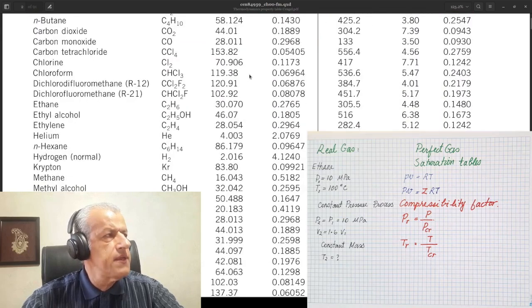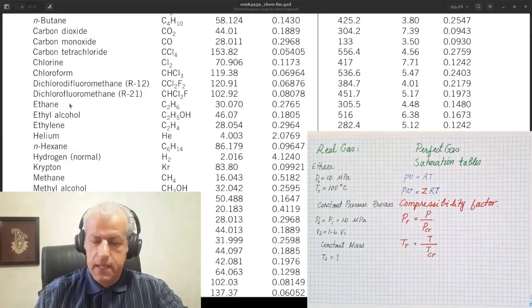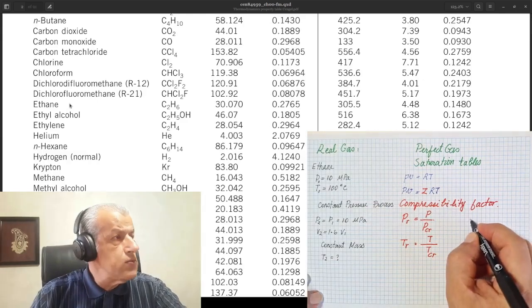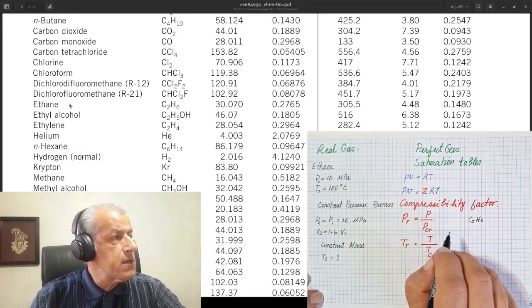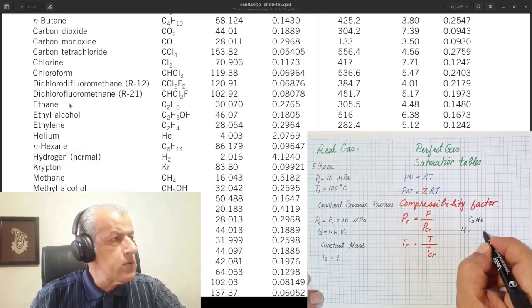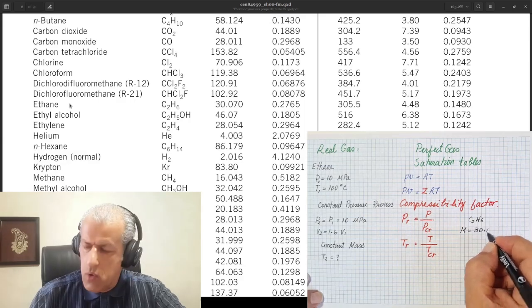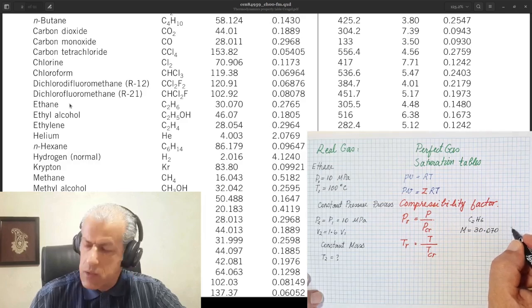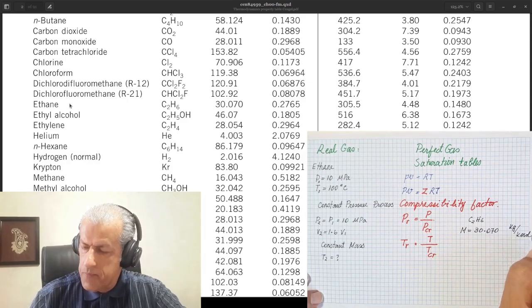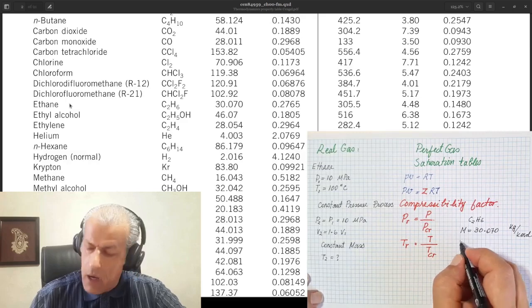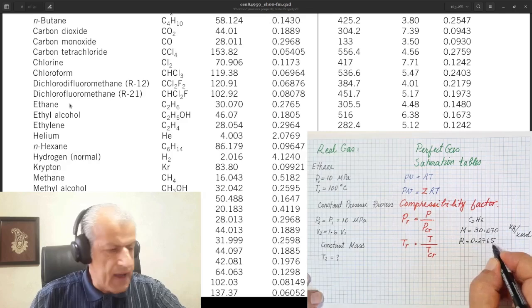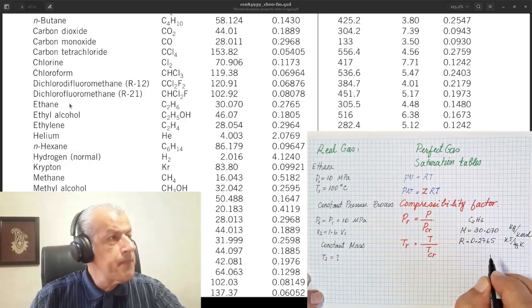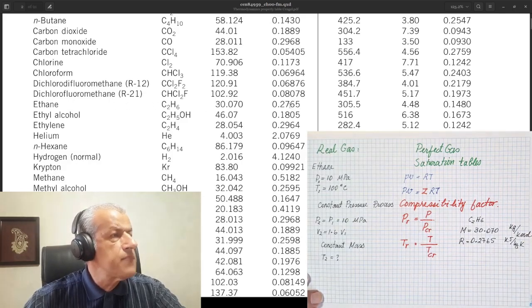Its composition is C2H6, its molecular weight M equals 30.070 kilograms per kilomole, and its gas constant R equals 0.2765 kilojoule per kilogram Kelvin.